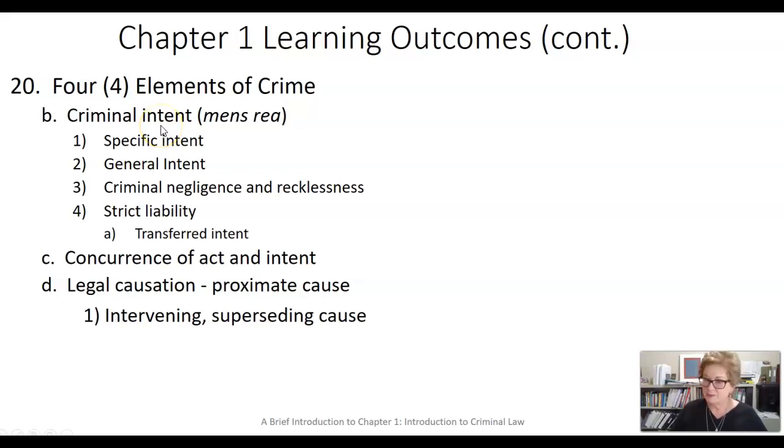Now, how that's going to be proved is another story, but the specific intent elements as determined by the judicial branch in Massachusetts, or the judicial branch of any state government, is often focused on intent.